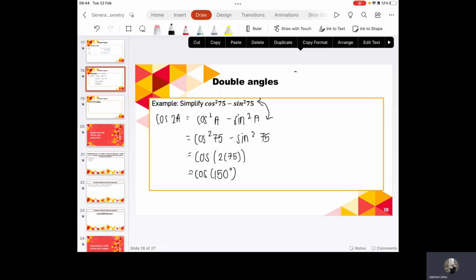If not, no, sorry, you can't leave it like that. Remember, with cos you've got an obtuse angle, so we need to go 180 minus something, so minus 30. That would be a negative cos 30 degrees. We know what cos 30 is: square root 3 over 2. So this will be negative square root 3 over 2.